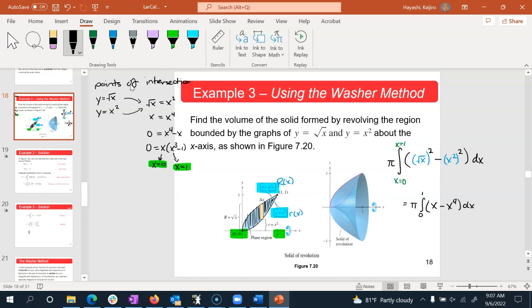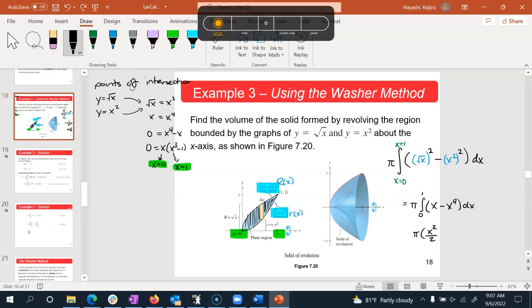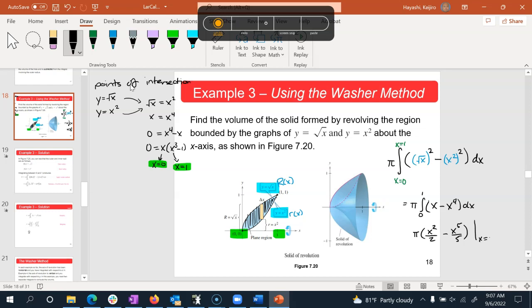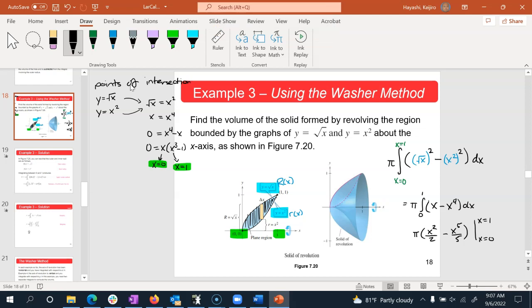Now the integral of x is x squared over 2. The integral of x to the 4th is going to be x to the 5th over 5. That's just the power rule. And that's going to get evaluated, because we have integrated so there's no integral bar anymore, from x equals 0 to x equals 1.